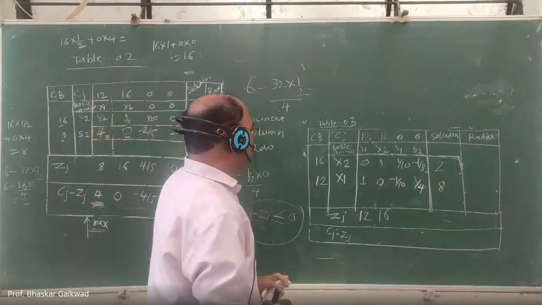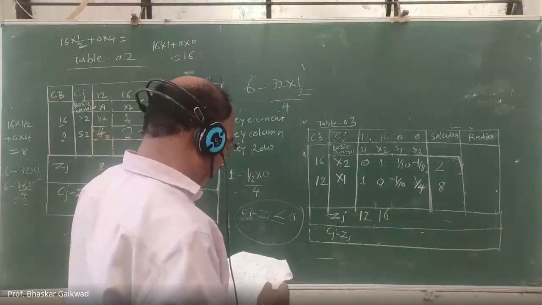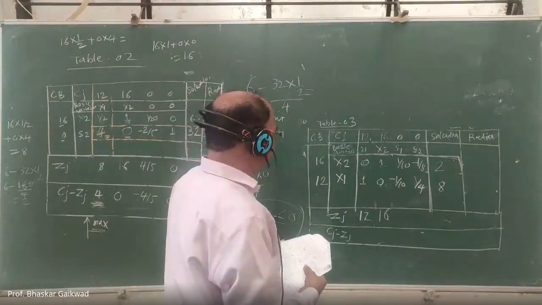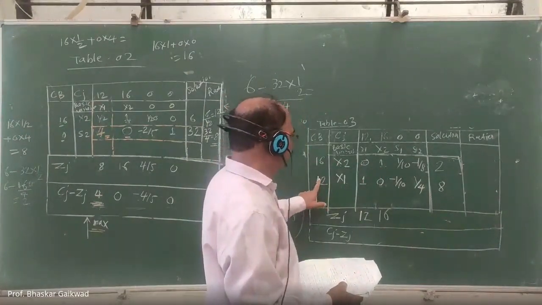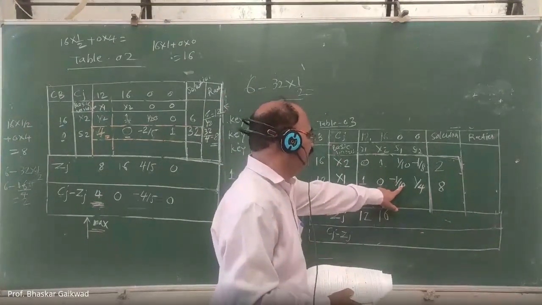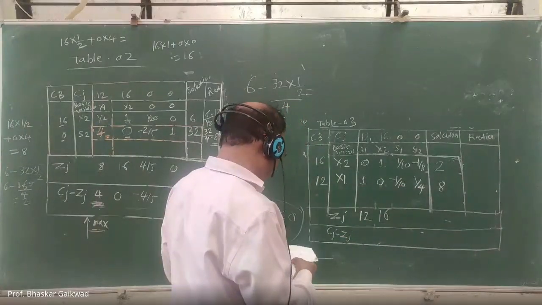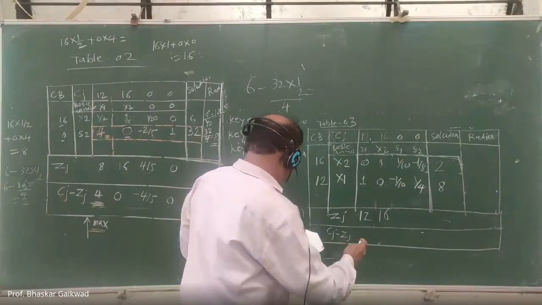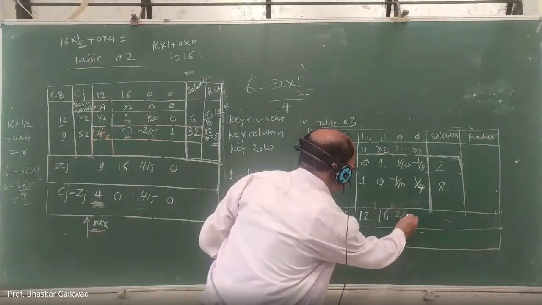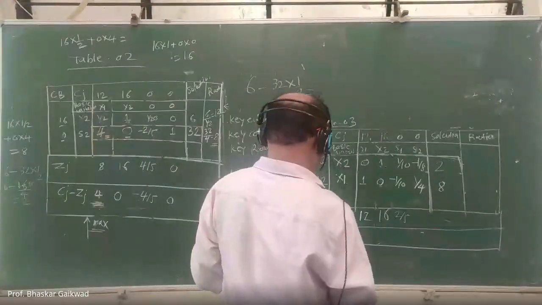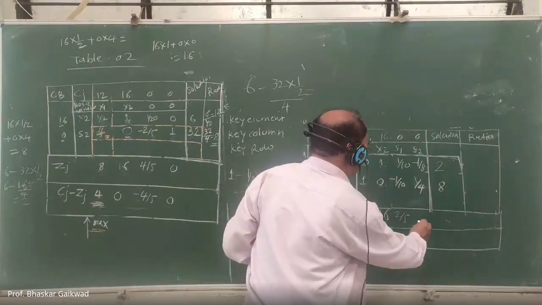Correct. So similarly, we can go for the next term. Here 16 into 10 plus 12 into minus 1 by 10. So this value you will get, which is 5.